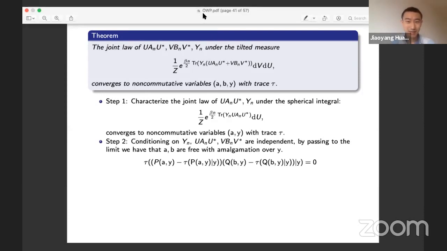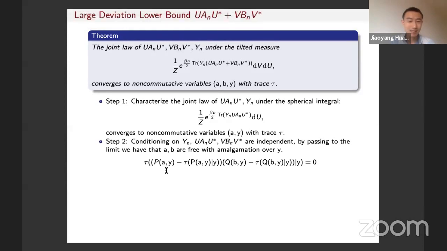So we roughly expect for any polynomial P, so P(A,Y) subtract its conditional expectation on Y, tau of P(A,Y) conditioned on Y, and Q, any other polynomial Q(B,Y) subtract the conditional expectation over Y. As the whole product, you take the conditional expectation over Y, it equals 0. So this combined with the marginal distributions of (A,Y) and (B,Y), they completely characterize A, B, and Y.